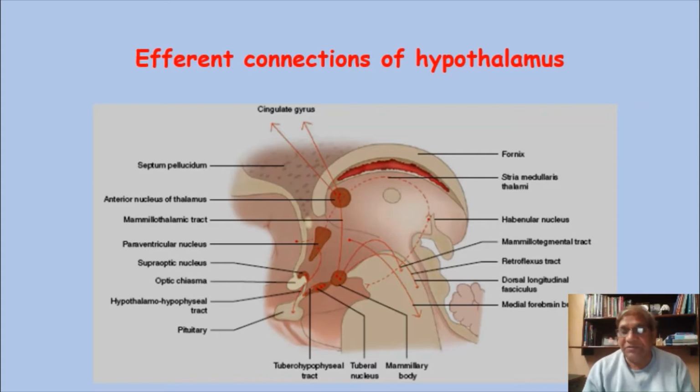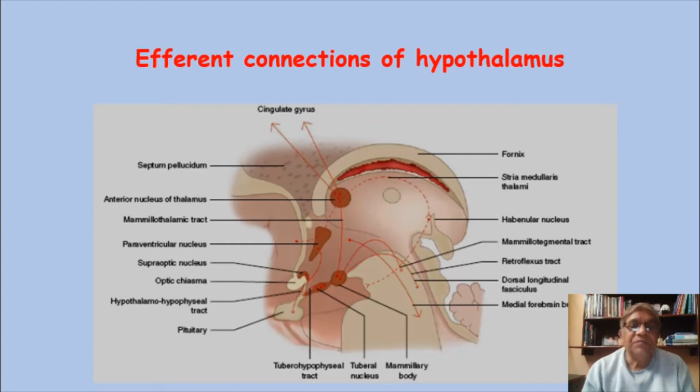anterior limb of the fornix, okay, anterior fornix, fibers coming from the fornix to the mammillary body and then the mammillothalamic tract, that is the column of the fornix and the mammillothalamic tract.